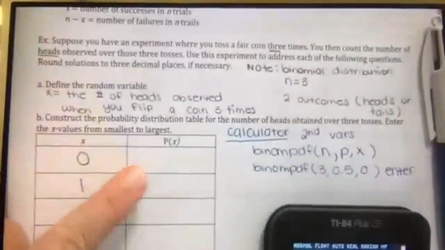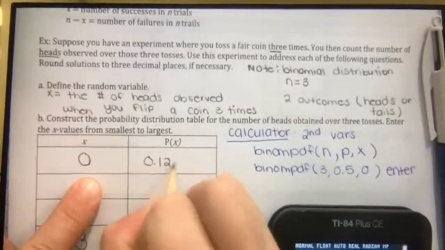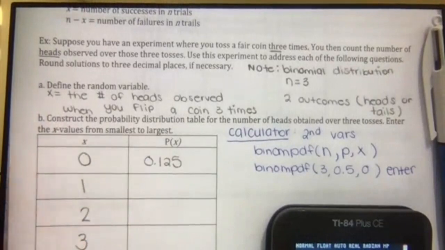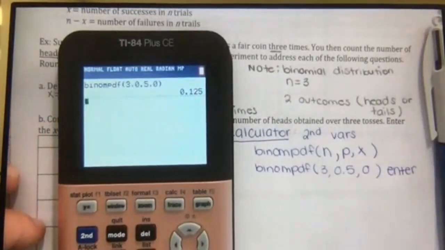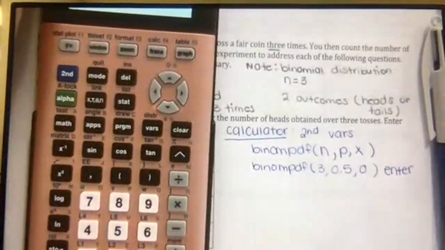Now that was when x is 0, so 0.125. We're going to do the same exact thing when x is 1, 2, and 3. A couple of options: you can type it all out again, or if you press second enter, it'll give you your entry from above.